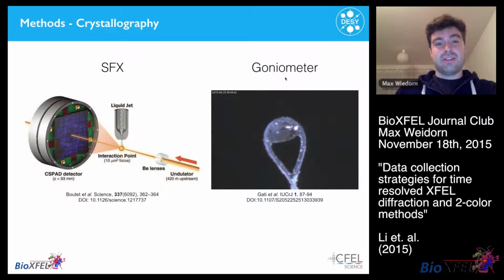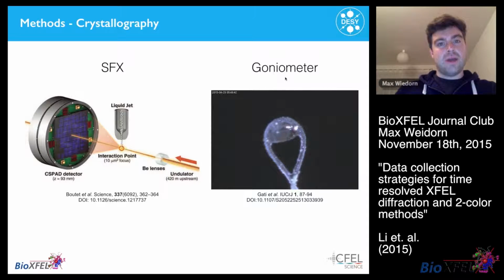So just as a very brief reminder, there are different types of crystallography. The goniometer based approach, where you have one large crystal in a loop, and then you take a rotation series of one single crystal.